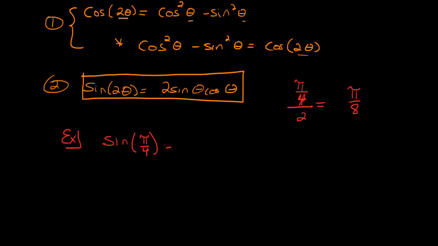So I can say this will be equal to 2 times sine of pi over 8 times cosine of pi over 8. We can use it in this manner. I don't know why we'd want to reduce this to pi over 8, but maybe we would. You can also, if you're multiplying these two together, use that in such a fashion.